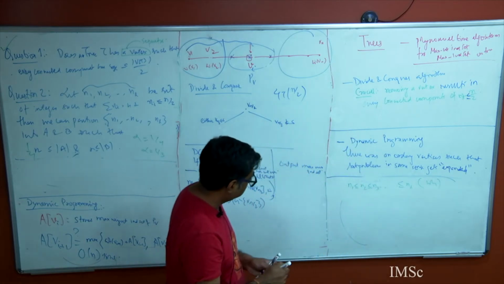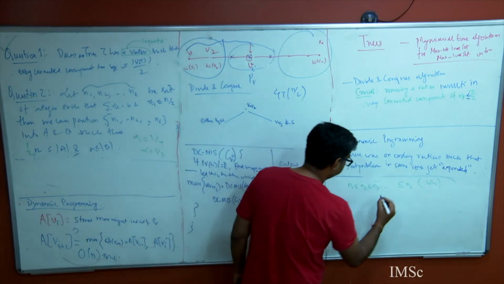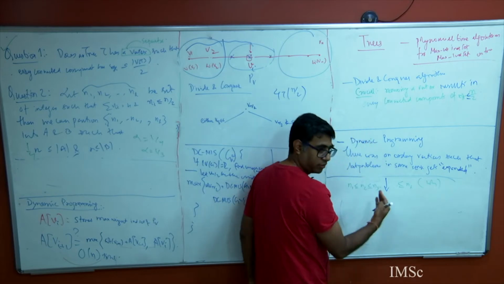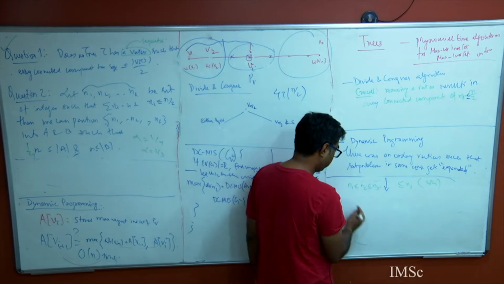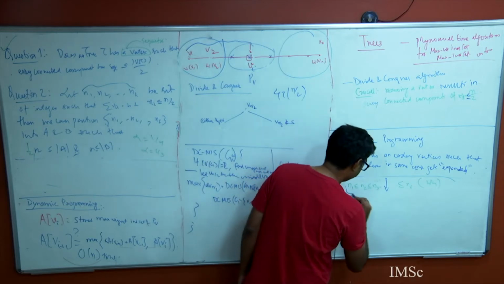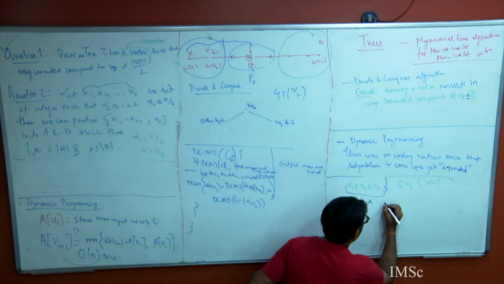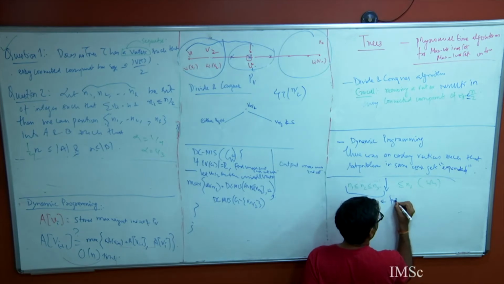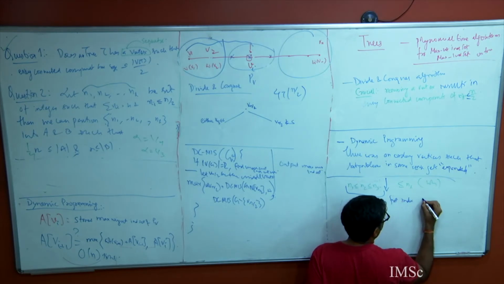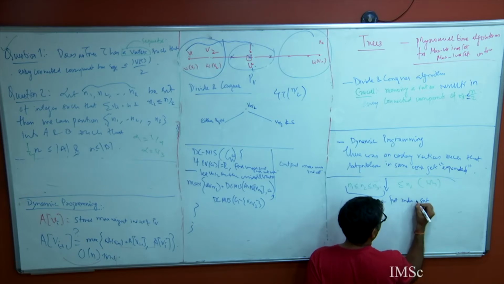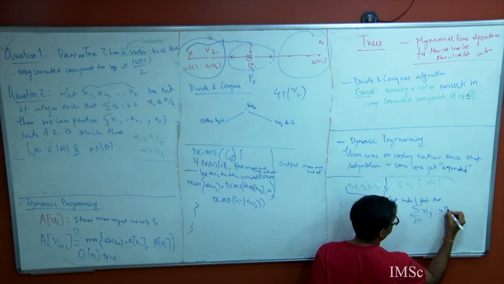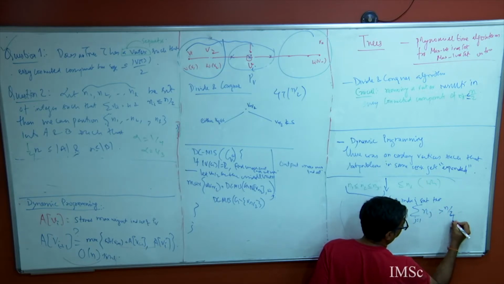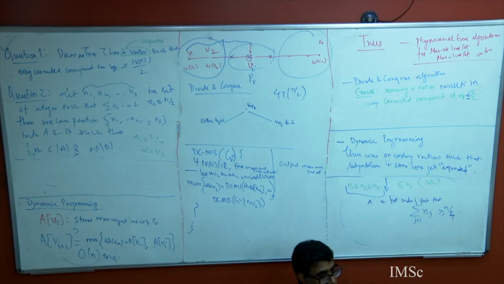Look at the first time the sum goes beyond n by 4. It could be the first n1 itself. Let's call this A. The first index i such that the summation of nj, j going from 1 to i, is more than n by 4. Right?